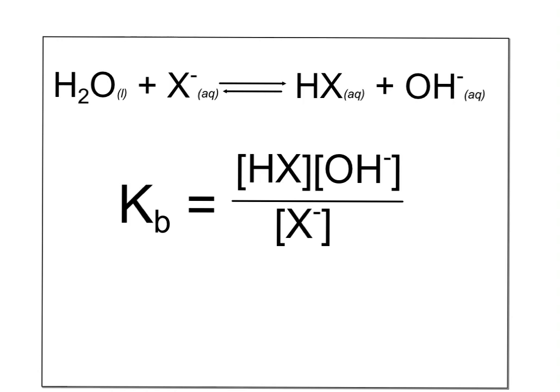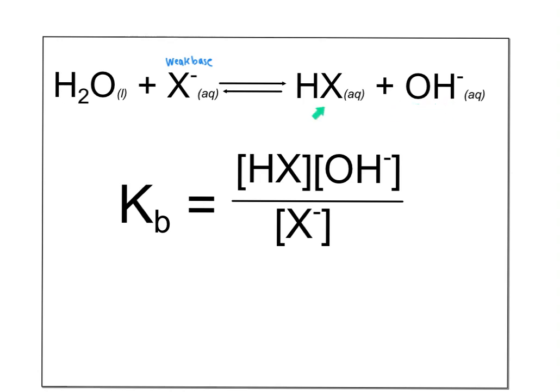All right, we can do the same thing for weak bases. So in this case, this ion X minus is a weak base. And so when I put it in water, we're going to make HX and OH minus. So that's what makes X minus a base, is when it's put in water, it produces OH minus, even though there's no OH minus in this directly. Anyways, weak bases will not break apart 100%. So if this is 2 molar, we won't get fully 2 molar of OH minus because it's weak.